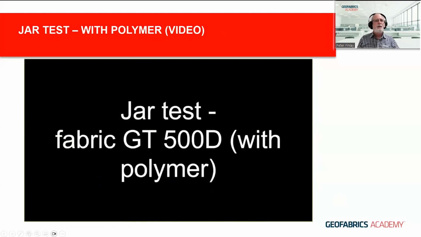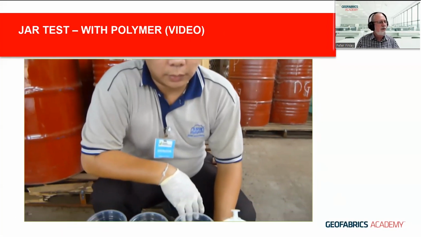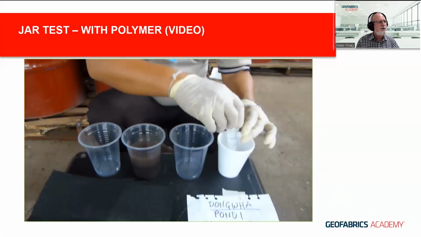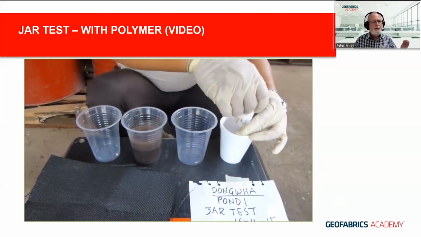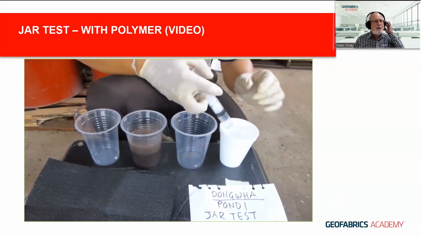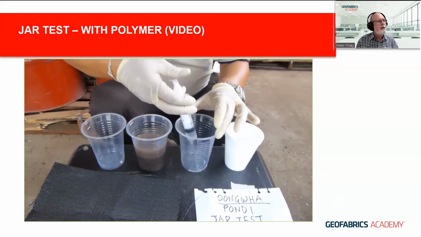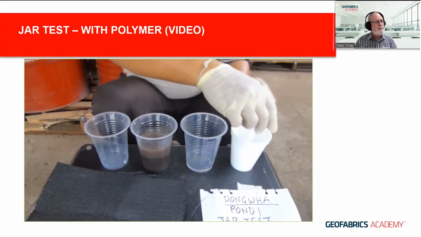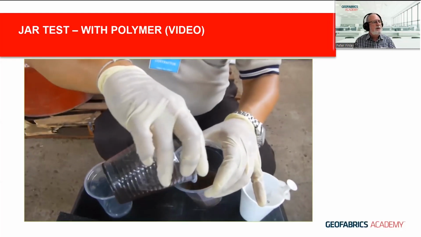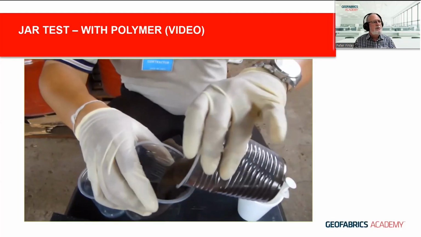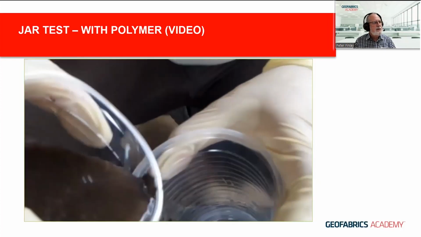So the next one is with polymer treatment, and also using the GT500, which is the main fabric used in the geotube. So the polymer has been added.